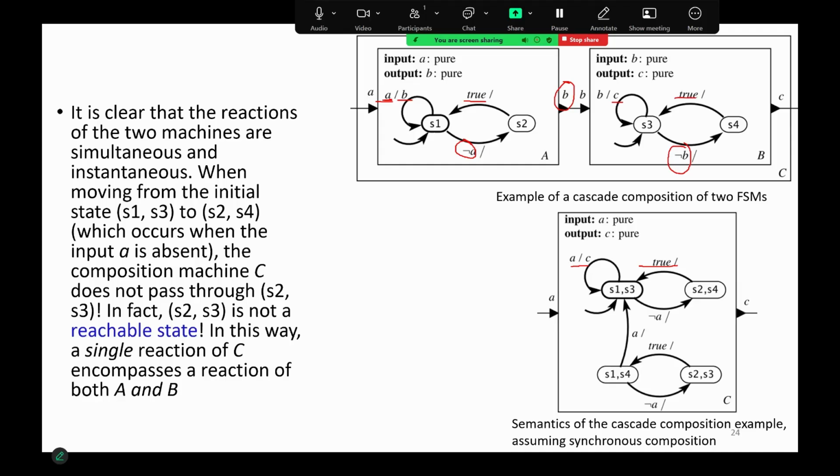However, if you consider it and would like to draw it, you will have S1 and you fire A as input, and B will go away, and you are at S4. The A considered true or the B considered true, so you will return back to S3. Did you get why you didn't output C in this case? Because I am at S1 and S4. And I got A, so B will fire, and B is considered true.